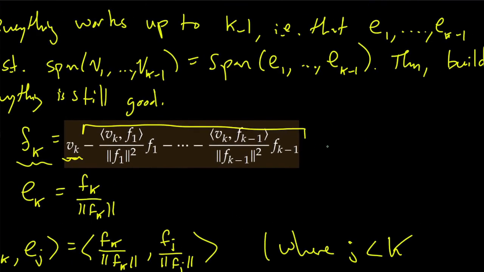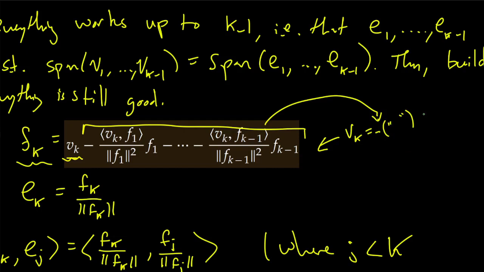Just manipulate this, and you get that vk is equal to this stuff right there, minus that stuff. Let me write that a little bit nicer. Minus, in parentheses, that stuff.